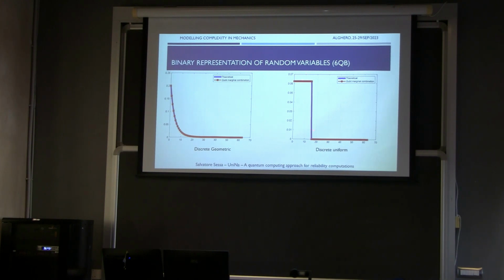Anyway, even in this case, we have a perfect incidence of the outcomes. So, such results are pretty encouraging. At least they tell us that such a strategy can be actually used for random variable description.